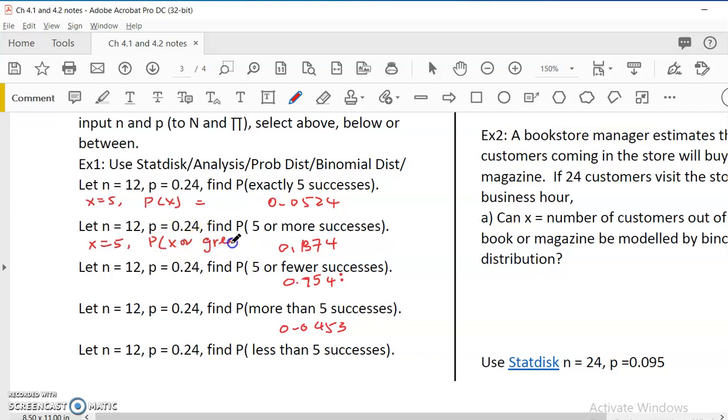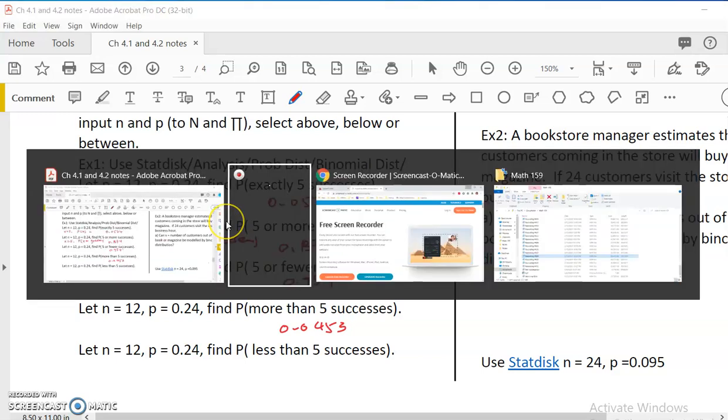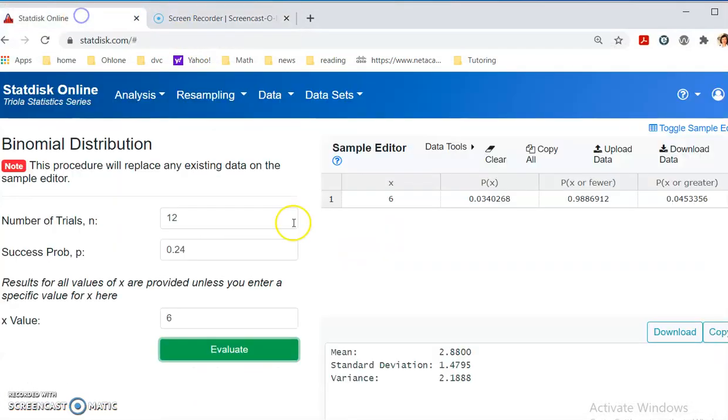Because in the statistics calculator, they give us 3 columns whenever we enter some number. So if I enter 5 and hit evaluate, it will give us 3 columns. P of x means the probability of exactly 5. Then the probability of 5 or more will be under x or greater.